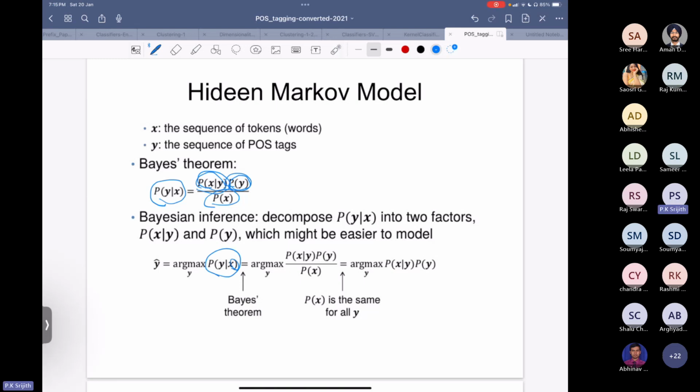And you can write P of y given x as P of x given y into P of y divided by P of x. Since the denominator term P of x does not contain y, you can ignore it. And you can write your prediction as max over y of P of x given y into P of y. So basically you need these two components, P of x given y and P of y, to perform inference, to predict for a given x. And we will see how exactly hidden Markov models model each of these, P of x given y and P of y.